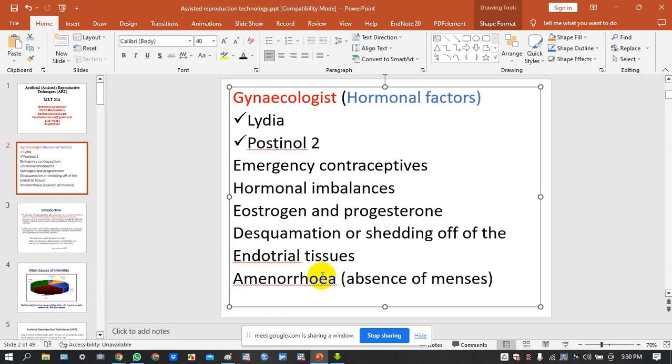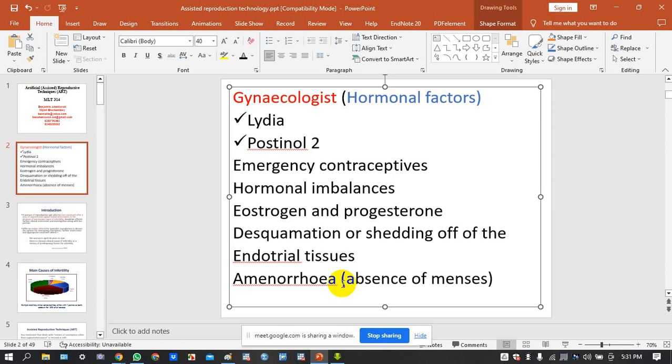Sir, a question. Okay, you ask. Is it not a contraceptive? It's an emergency one. You know, contraceptives, we have 1 month, 2 years, 3 months ones. And all the contraceptives cause imbalances in progesterone and estrogen level.